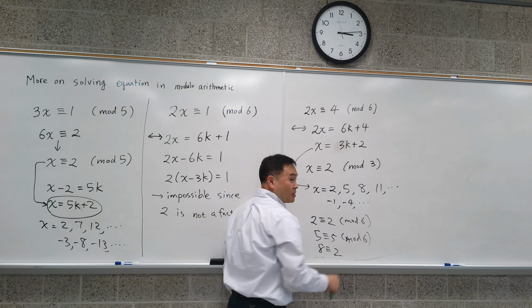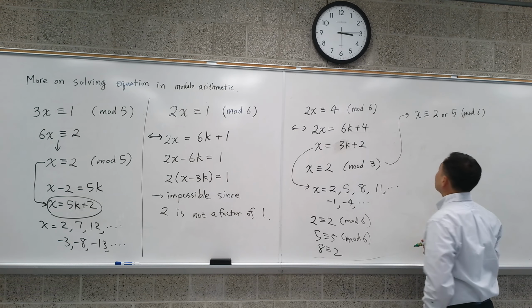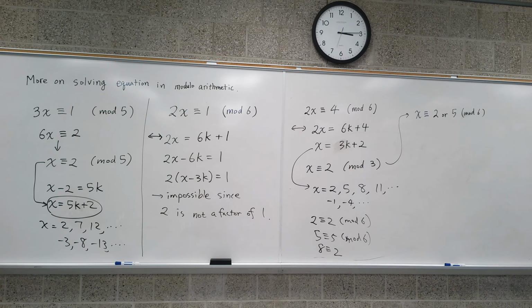So you can see that mod 6, this turns into 2, 5, 2, 5, 2, 5, right? Good? So this actually means that if you go back to the same modulo system, you have x congruent to 2 or 5 mod 6. That's what it means.